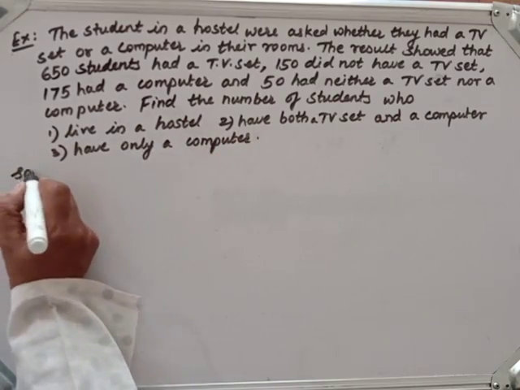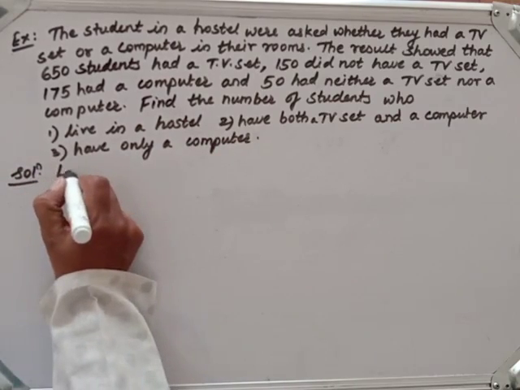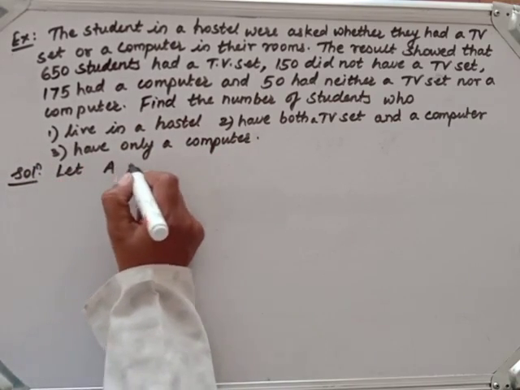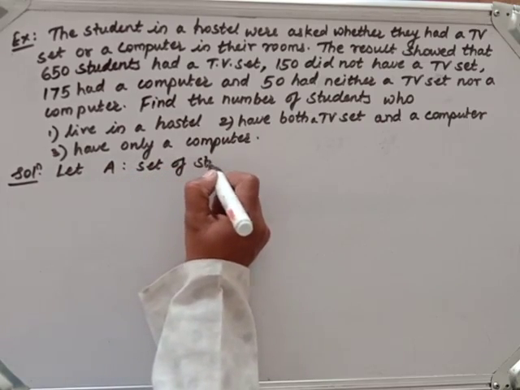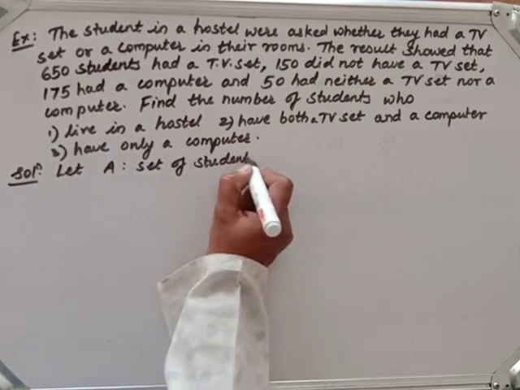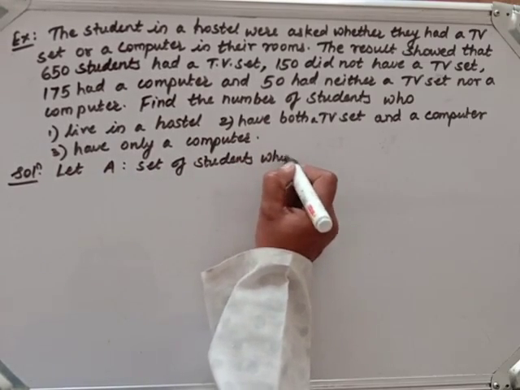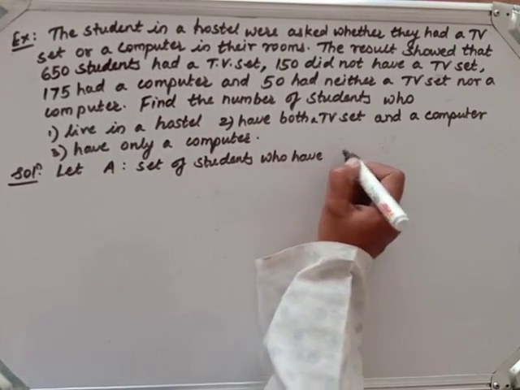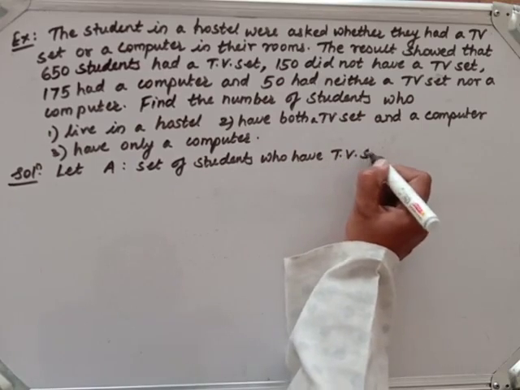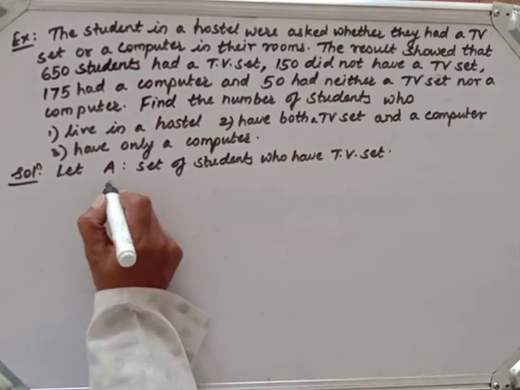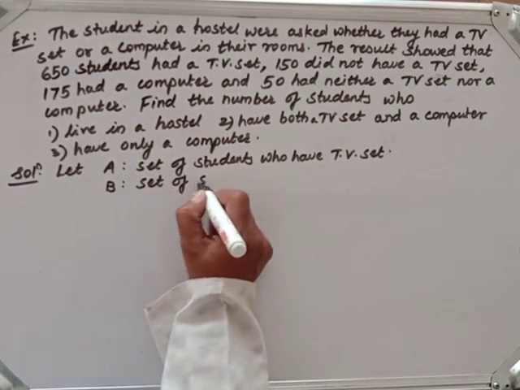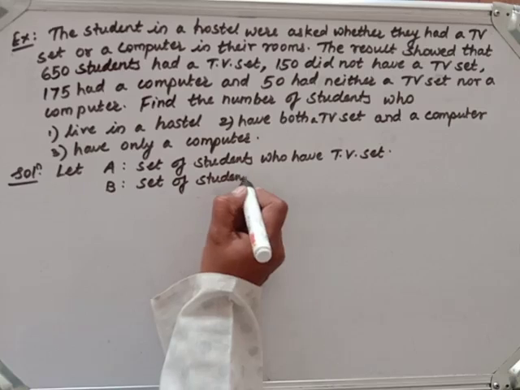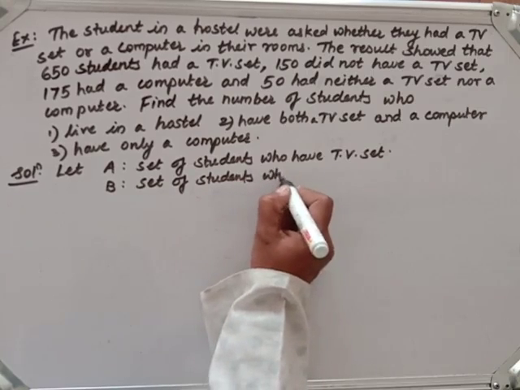So solution: let A be the set of students who have TV set. B be the set of students who have computer.